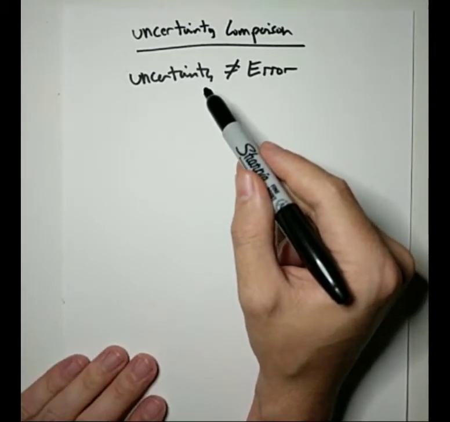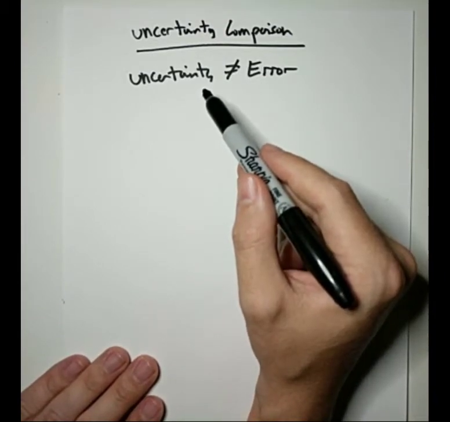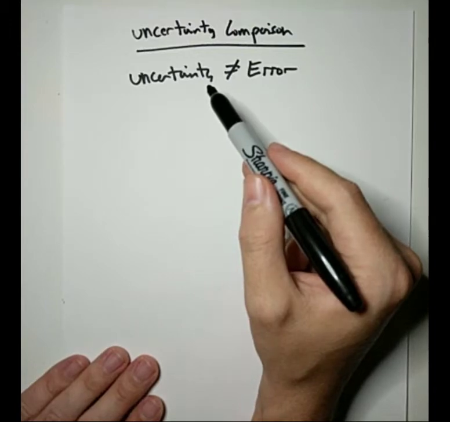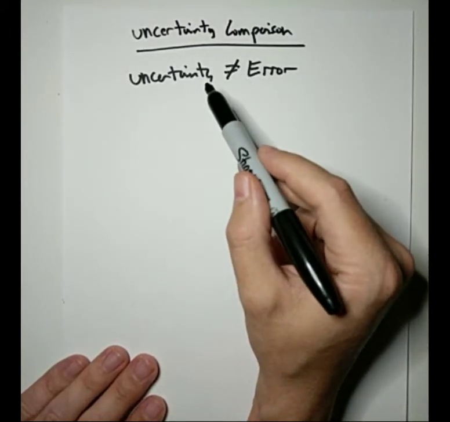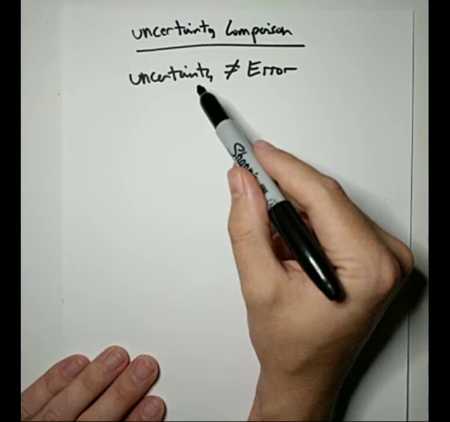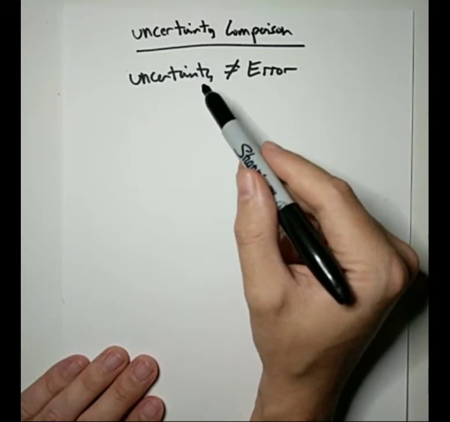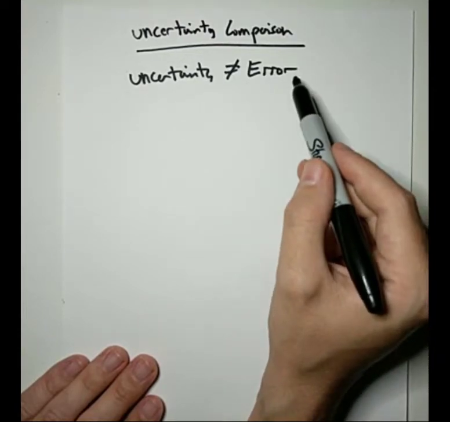So uncertainty is how confident you are in a measurement. If you just guess a value, you have a lot of uncertainty. It could be right, but it could be very, very far off. If you have a low uncertainty, it means you don't know what the error is.